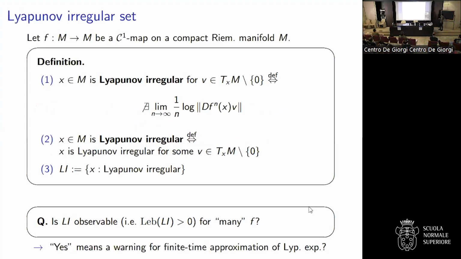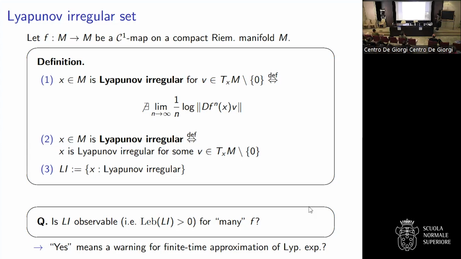So the setting is like this. I consider some C1 map on a compact Riemannian manifold. I say X is Lyapunov irregular for some non-zero vector v if the Lyapunov exponent does not exist. And I say that a point X is Lyapunov irregular if X is Lyapunov irregular for some non-zero vector v.